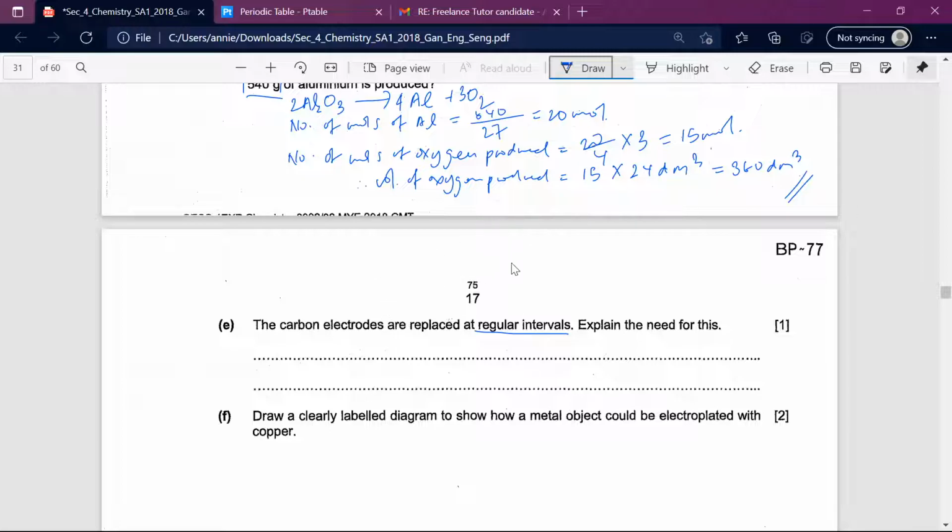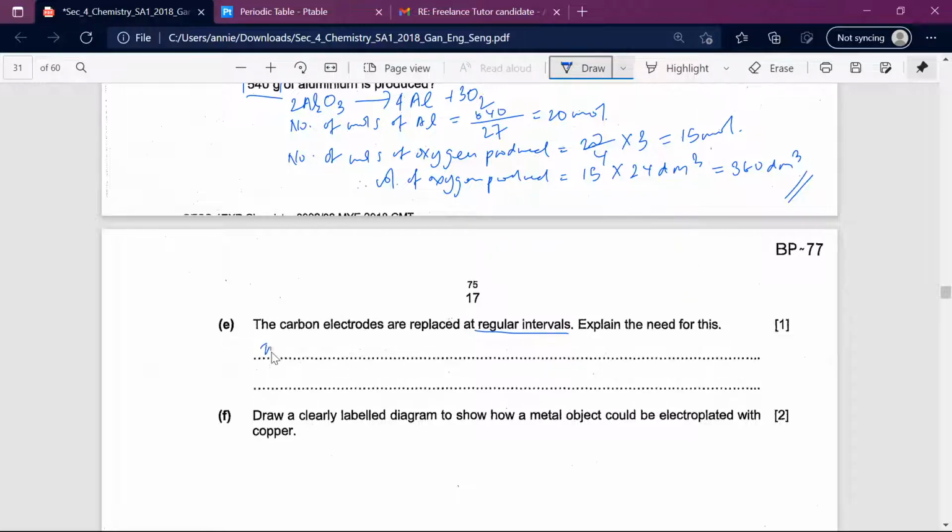So that is why we need to replace the carbon electrodes, because if it oxidizes the carbon electrode, it won't be able to form and continue this electrolysis cycle anymore. That's why we need to replace these carbon electrodes.